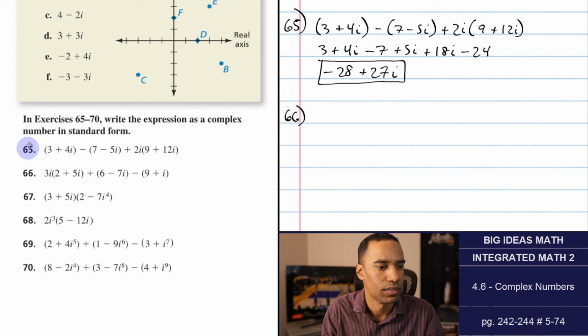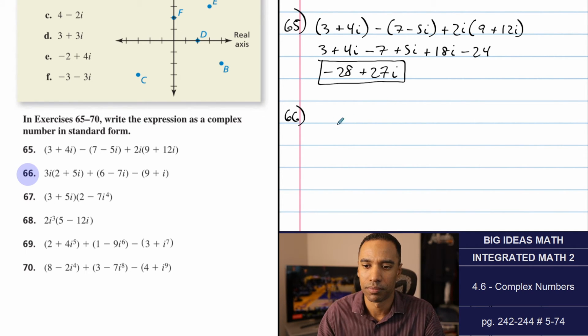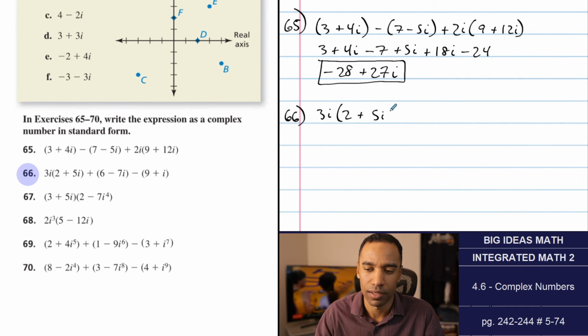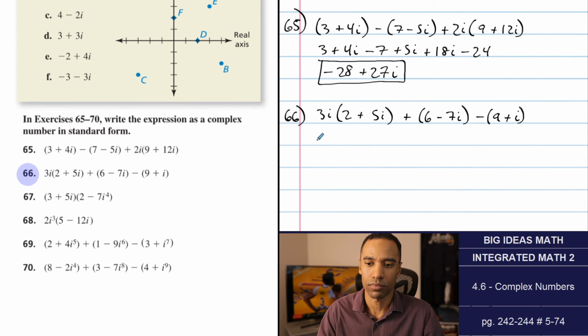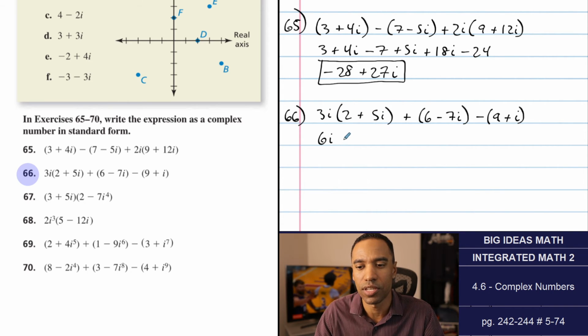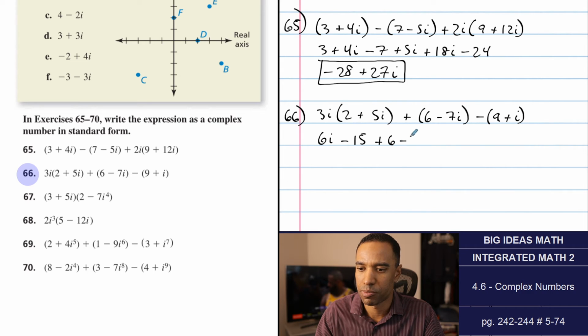66 is like a variation of 65. That's what they tend to do, odd with an even. Work it out that way. 66: 3i times (2 plus 5i), plus 6 minus 7i minus 9 plus i. Okay. Distributing, we get 6i plus 15i squared, so minus 15, plus 6 minus 7i minus 9 minus i.